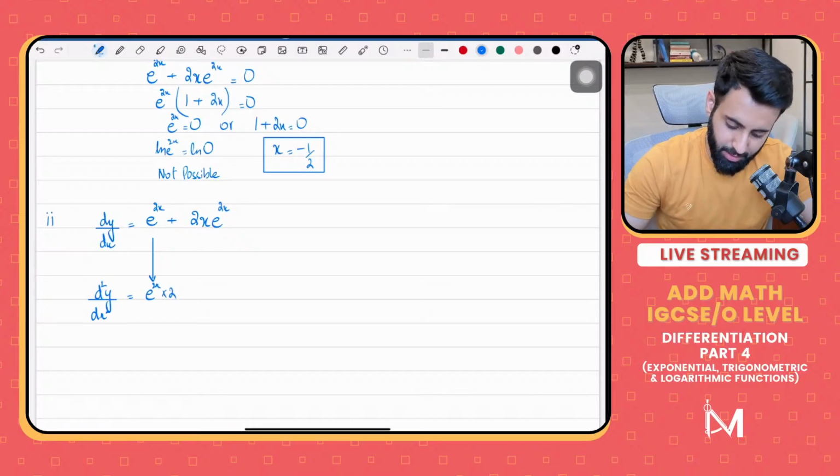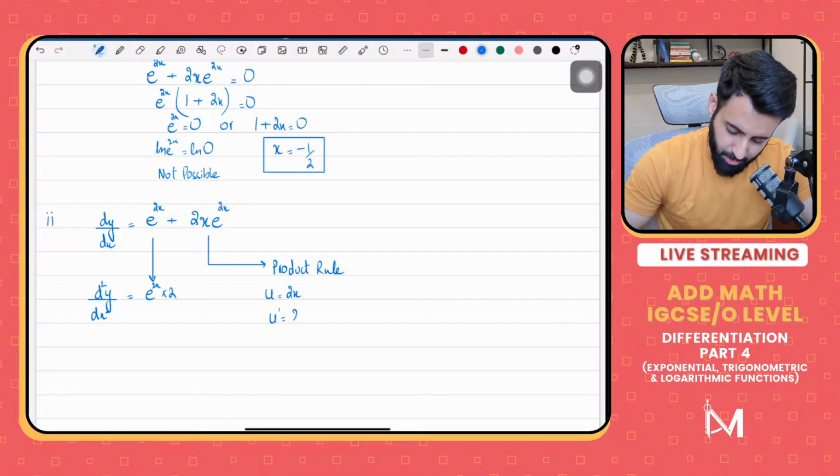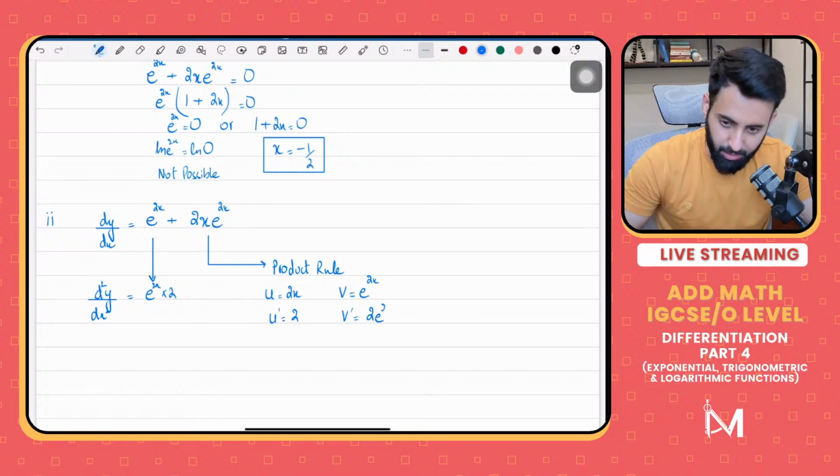But in order to differentiate this, you will now have to use product rule. So u is equal to 2x, which means u prime is equal to 2. v is equal to e power 2x, which means v prime is equal to 2e power 2x.